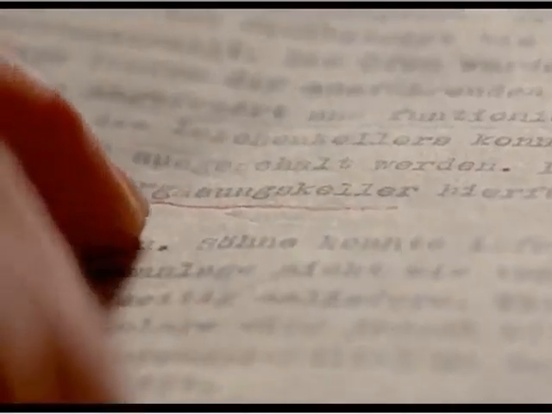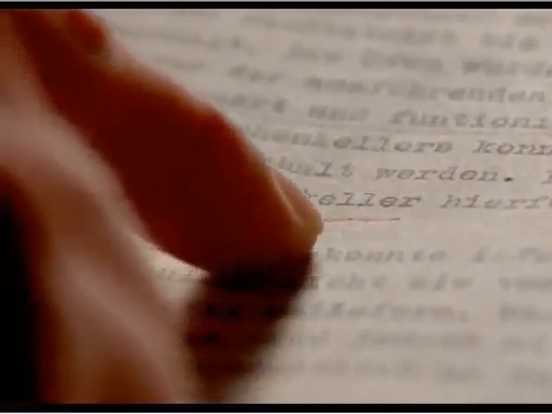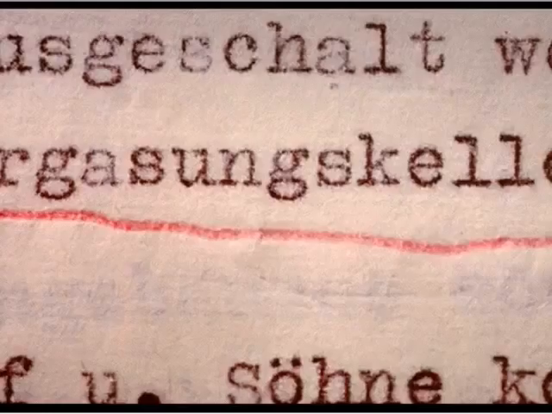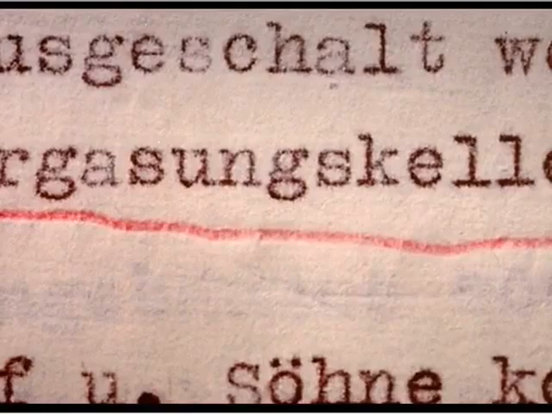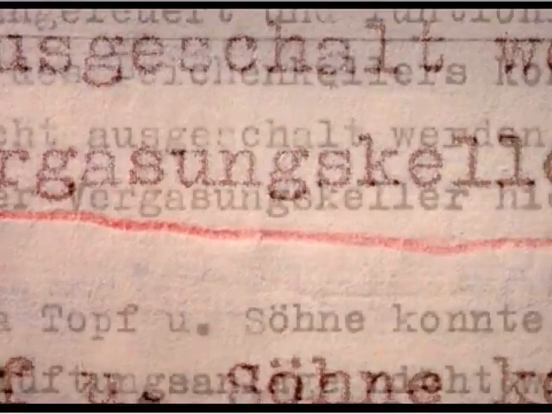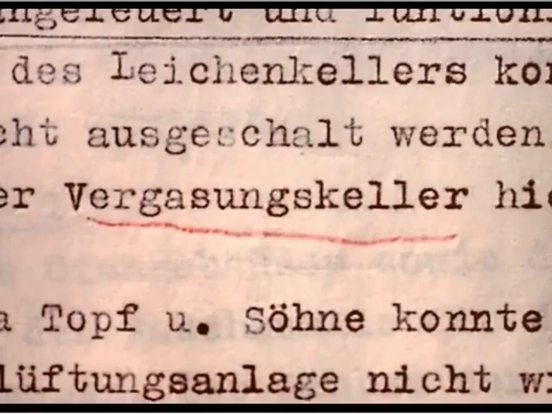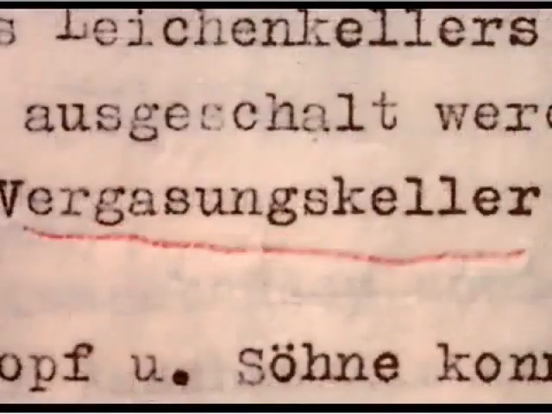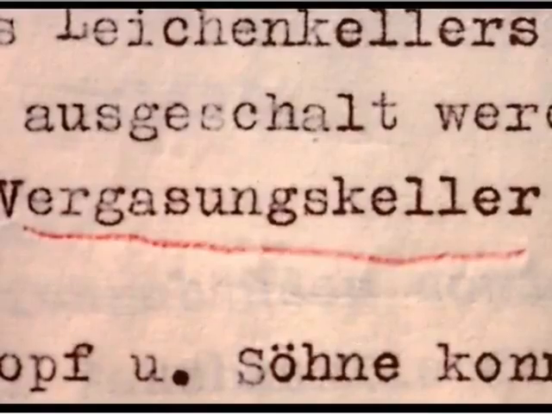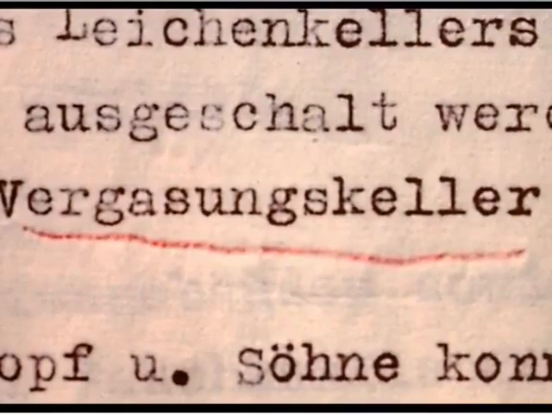Somebody in the architecture office underlined the word Vergasungskeller, literally gassing basement, and put on top a note, SS Untersturmführer, Kirchneck, exclamation mark. This means Kirchneck should be informed about this slip. And it doesn't occur after that.